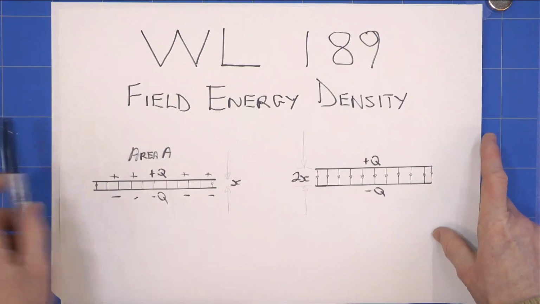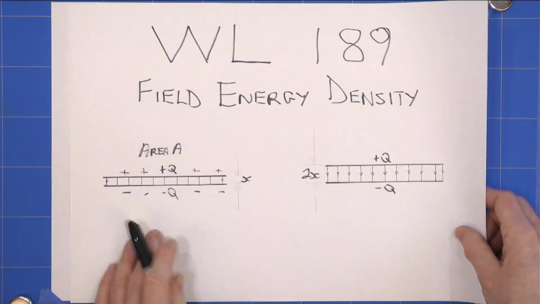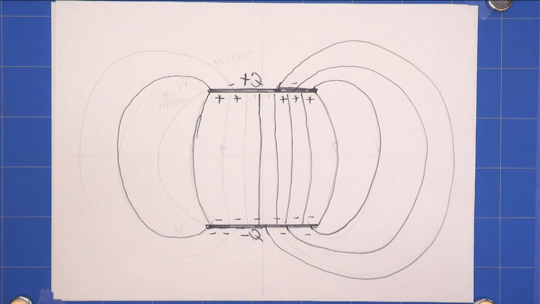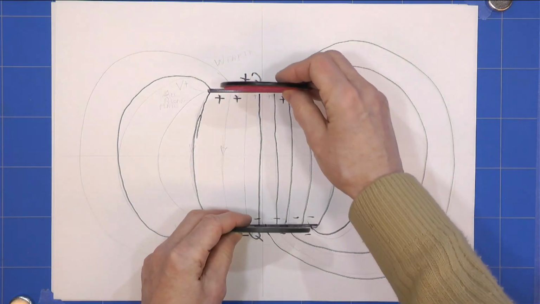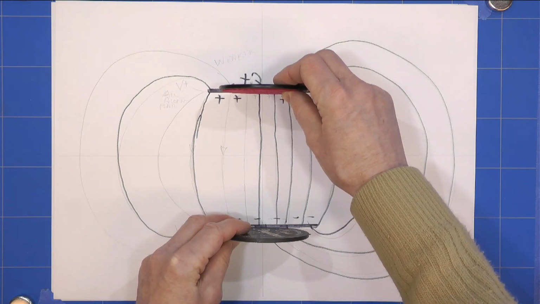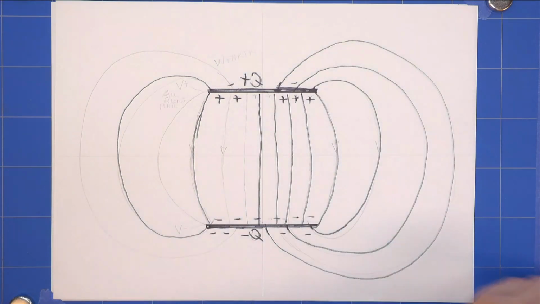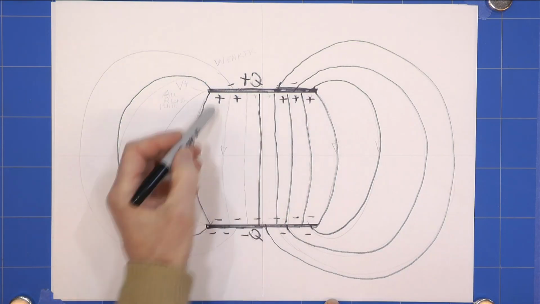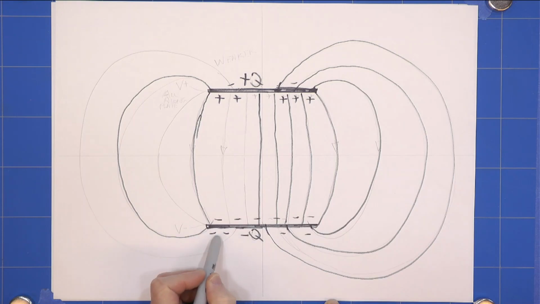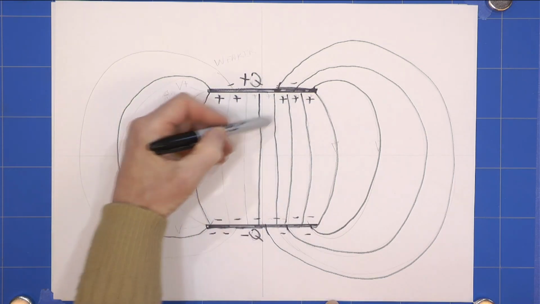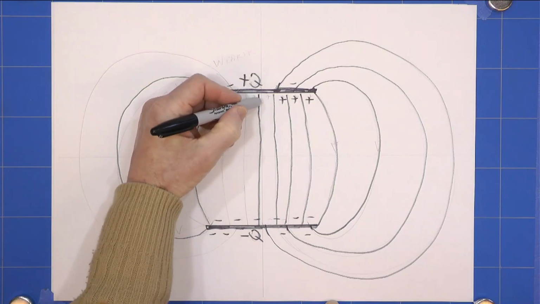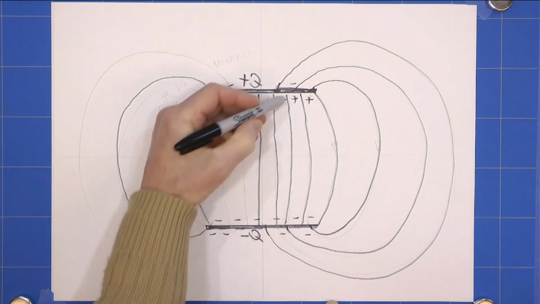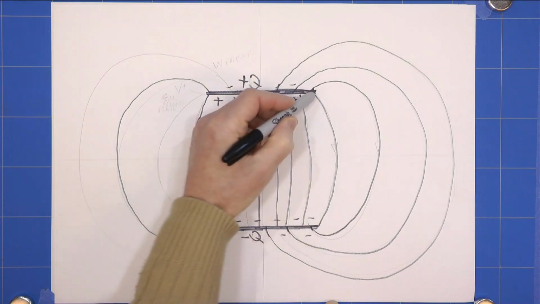And it's important to note that there's no field outside, and I'll just briefly explain what's going on there. If we have a bigger separation, where the dimension of the plate is clearly not a lot greater than the separation, what happens is we get our field lines. Again, we've got our charges here and here, and a little bit of charge is now on the other side of the plate, because although the majority of the field lines are coming down, they start to bow out, and you can see this.